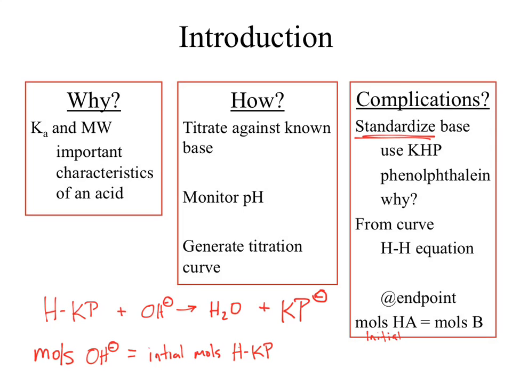Okay? Both of these calculations hinge around one piece of information. What is that one piece of information? To get this relationship, what do we need to know? We had to be where? What was that? Yeah, at the equivalence point.